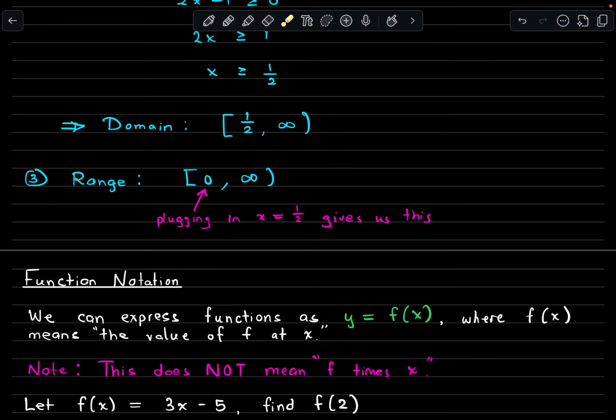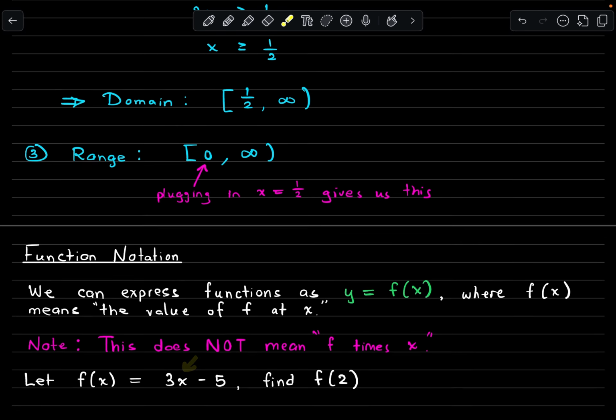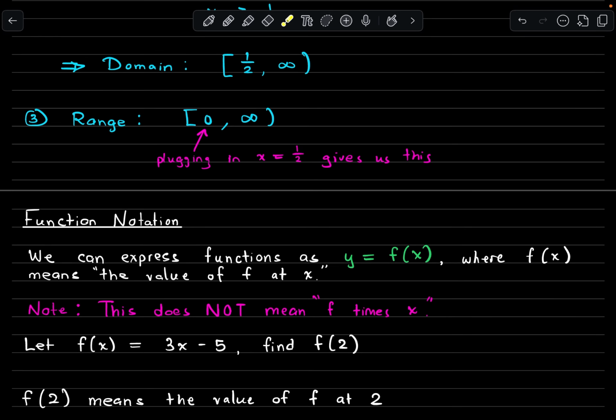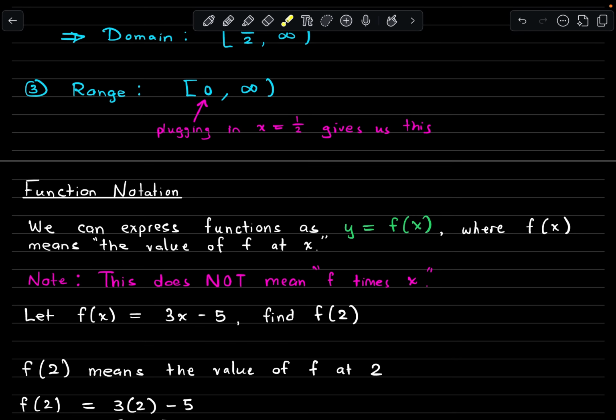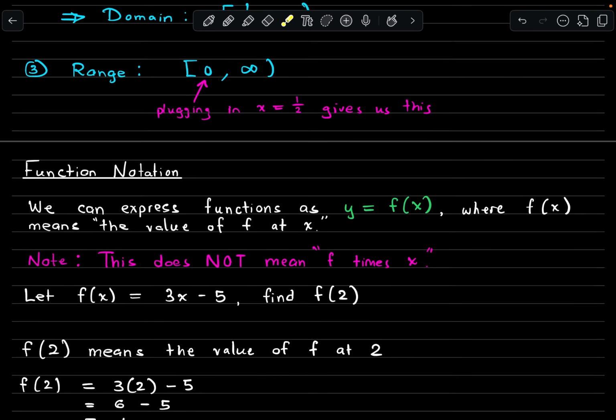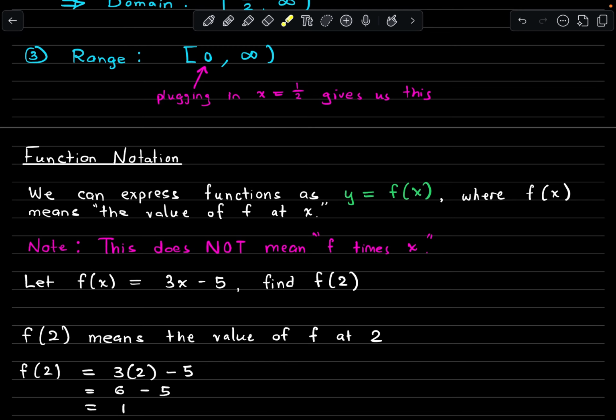Okay. So for example, let f of x equal 3x minus 5. We might be asked to find f of 2. So we're going to evaluate this function when x is equal to 2. And that's exactly what it means: the value of f at 2. So you plug 2 into your function. 3 times 2 minus 5, 6 minus 5 is 1.